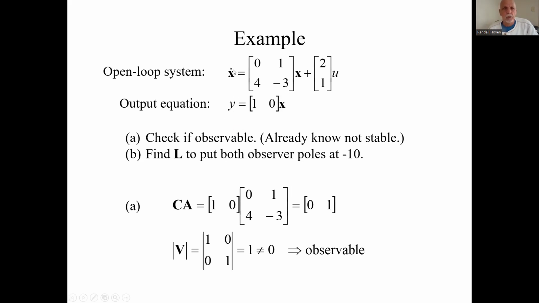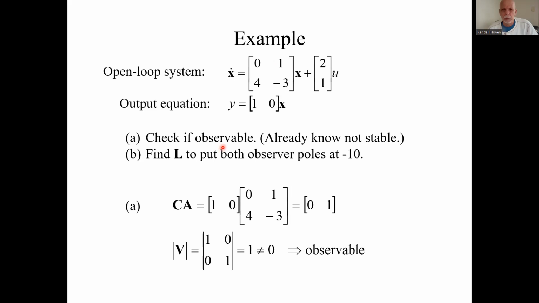Here's a quick example. Here's the open loop system again, and here's the output equation. Let's check if it's observable. We did this example before for state feedback. This is an unstable system.